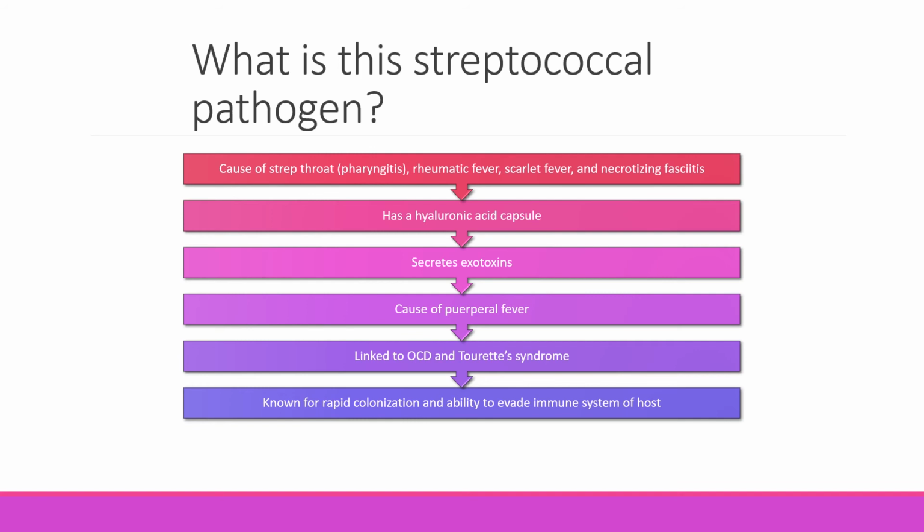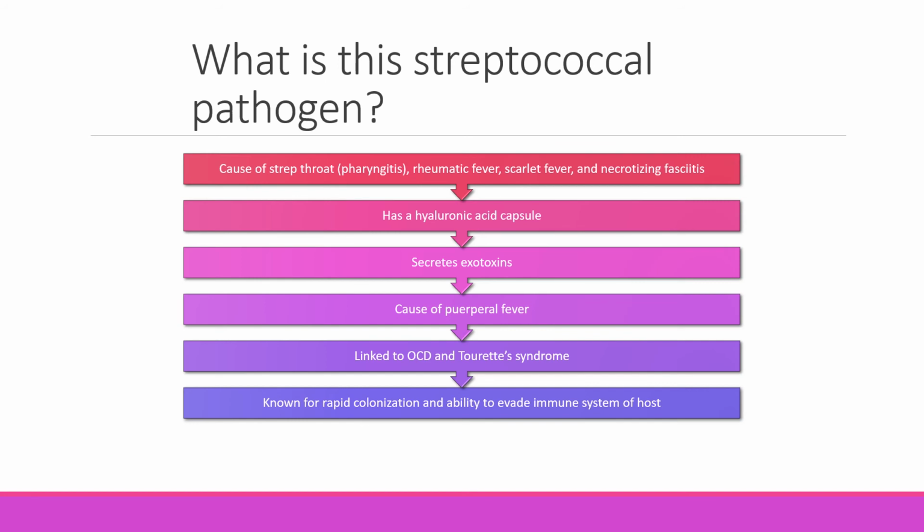It is the cause of puerperal fever, and between 1918 and 1919, it is believed that the secondary infections caused by this pathogen were responsible for up to 90% of the deaths of infected soldiers.